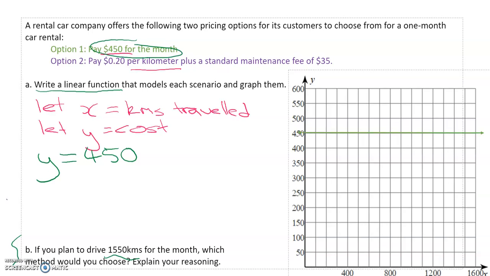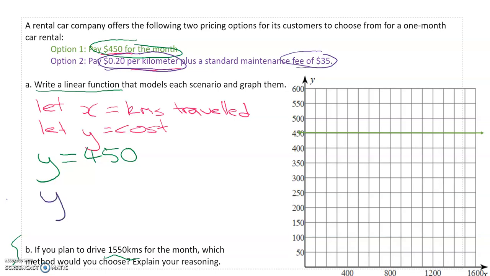Now let's have a look at the second option. We have a maintenance fee of $35 and 20 cents, or $0.20, per kilometre. So this one is obviously our rate of change because it changes with each kilometre. This one doesn't change, so that must be our initial value.